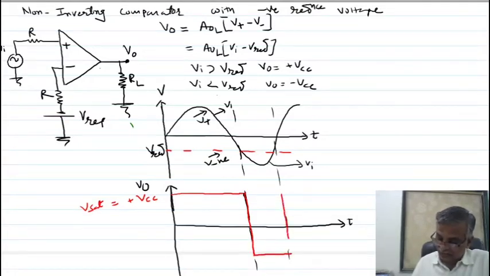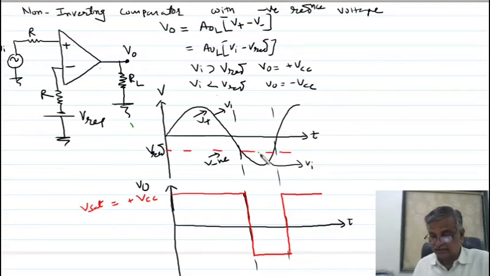Now again it will be positive. Again see, this Vi you have given to the positive terminal, so this voltage is more than this, so the output is positive according to this equation. At this point the V plus terminal voltage is less than the V minus terminal, so it is negative. So I should write minus VCC here. This is your minus VCC.